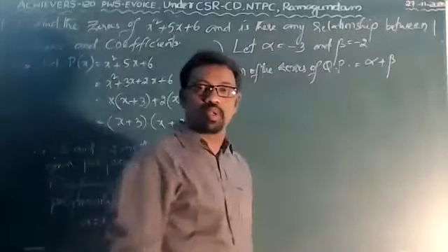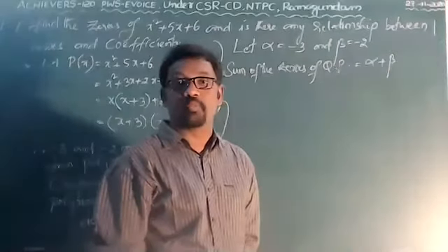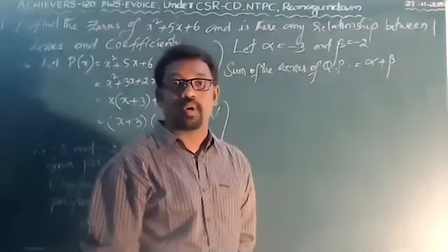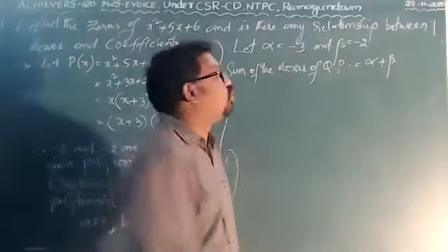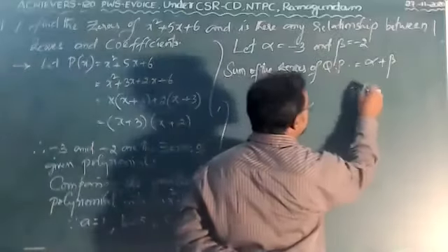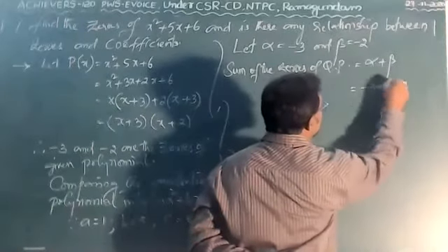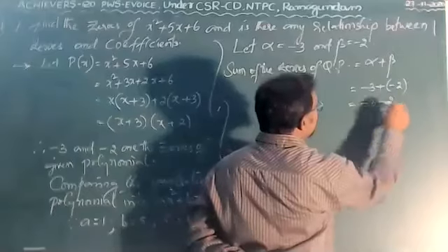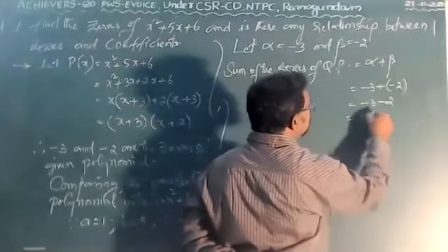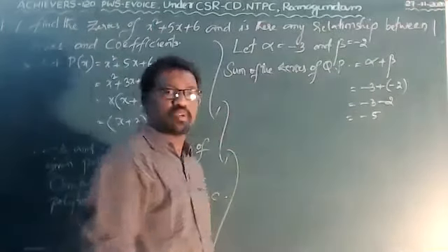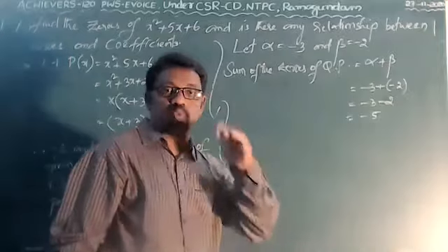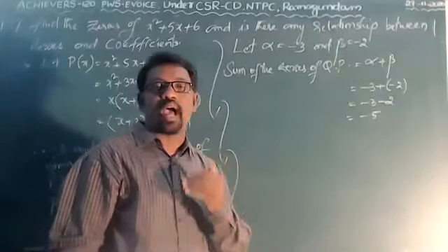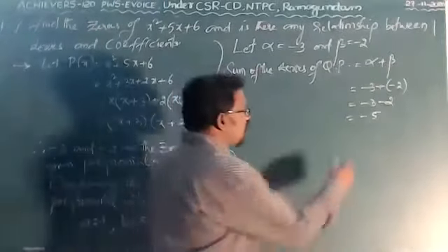Sum of the zeros is alpha plus beta. What is alpha? Minus 3. What is beta? Minus 2. Add these two: minus 3, minus 2, gives minus 5.